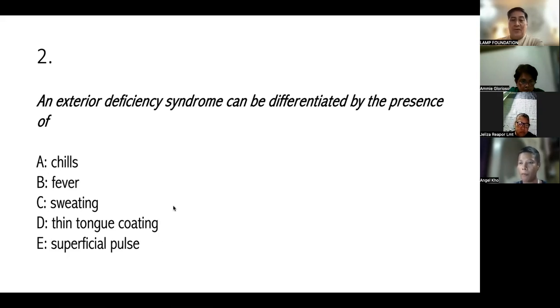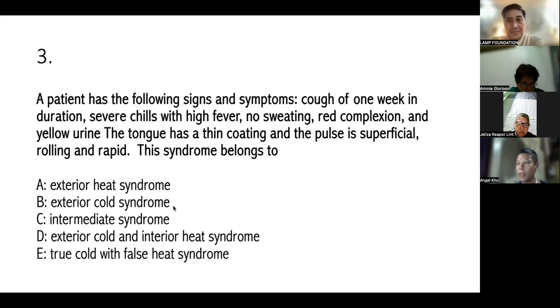Okay. Very good. Number 3. Number 3 po, a patient has the following signs and symptoms. Cough of 1 week in duration, severe chills with high fever, no sweating, red complexion, and yellow urine. The tongue has a thin coating and the pulse is superficial, rolling and rapid.